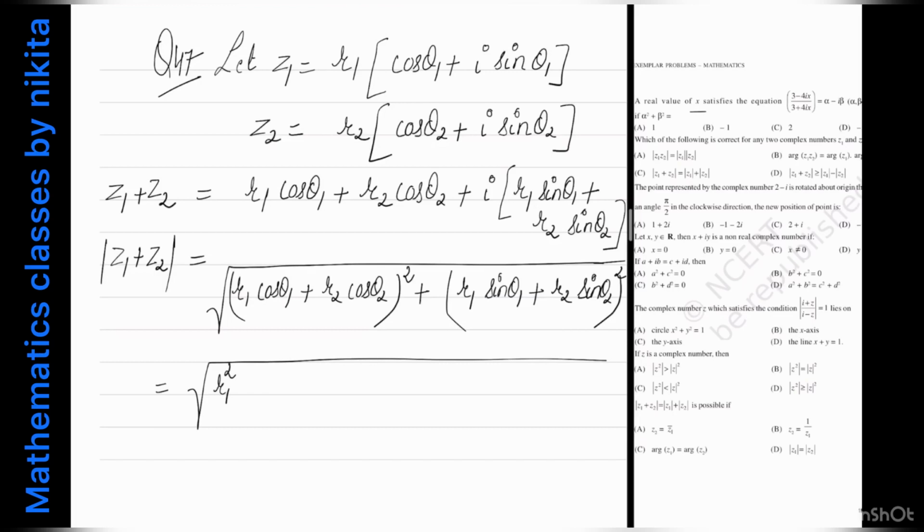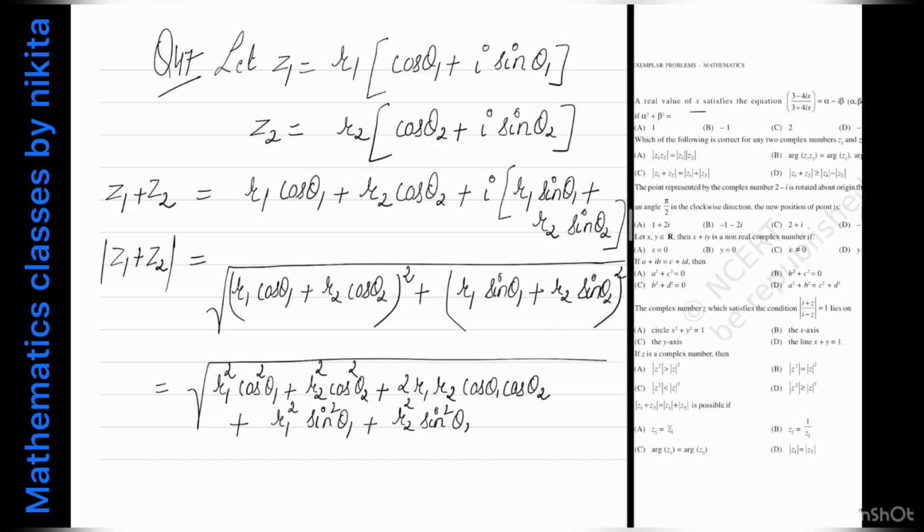r1 square cos square theta 1 plus r2 square cos square theta 2 plus 2 r1 r2 cos of theta 1 into cos of theta 2, then plus r1 square sin square theta 1 plus r2 square sin square theta 2, then plus 2 r1 r2 sine theta 1 into sine theta 2.